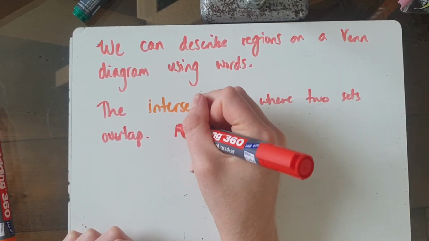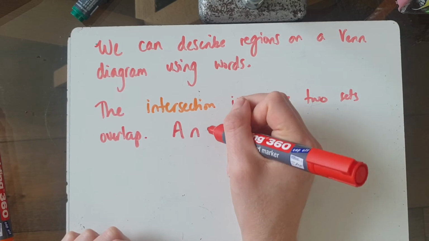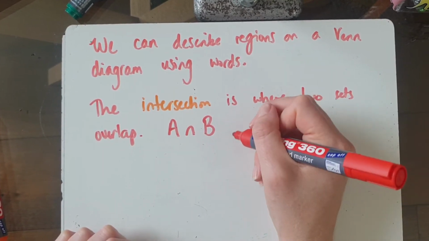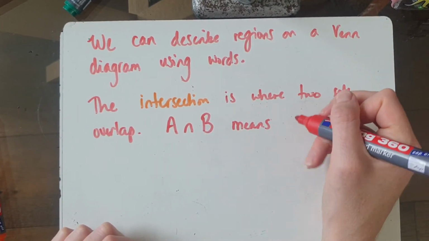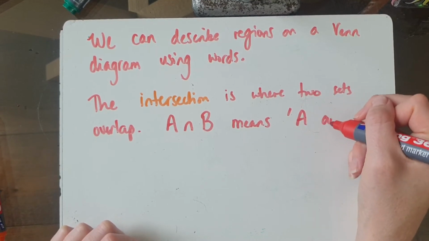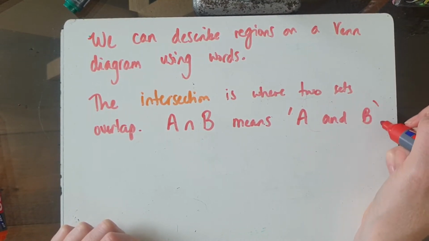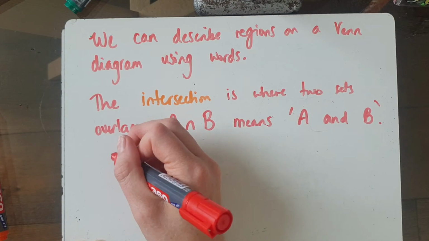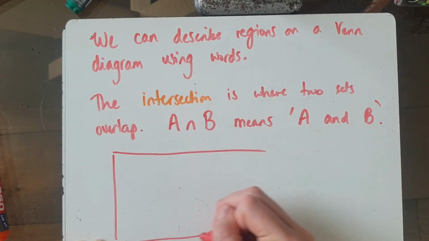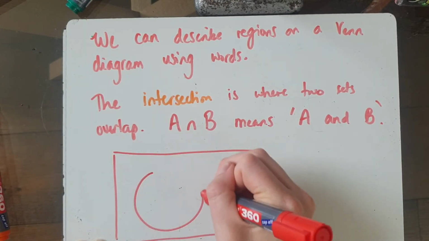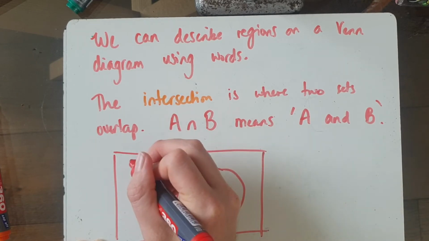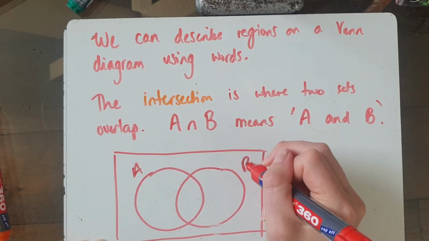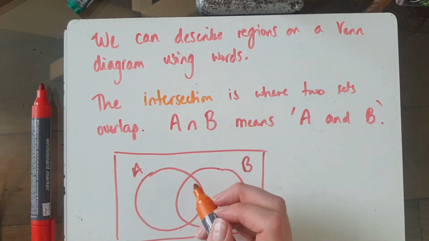And we would write it as A intersection B, and that means that an element is in both A and B. If we draw out what area that would be, it is this bit.